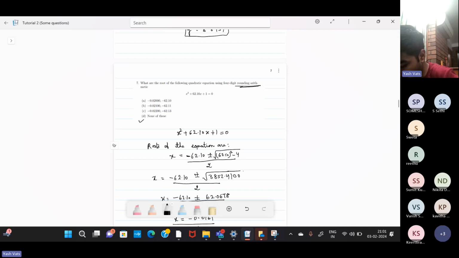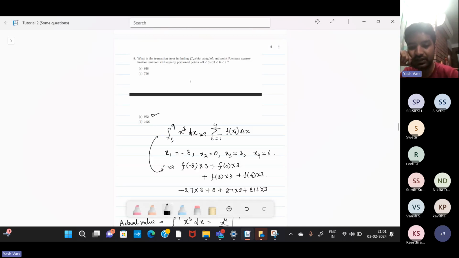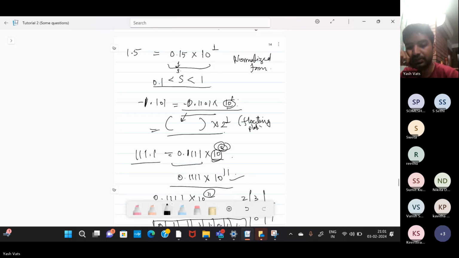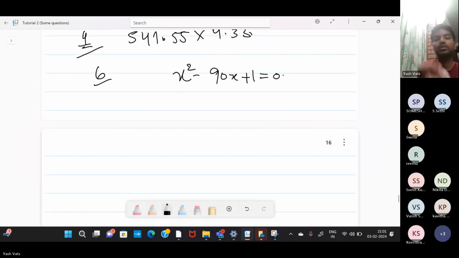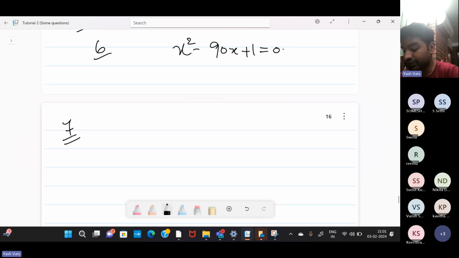Now the seventh question. What does it say? You are given an exponential function, and you need to find the maximum bound on the truncation error.